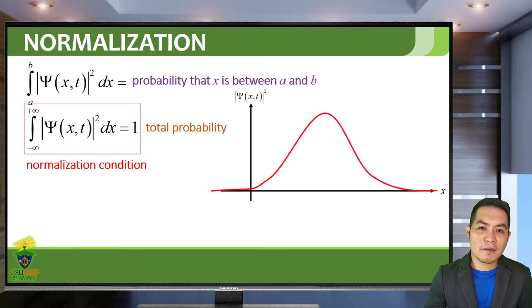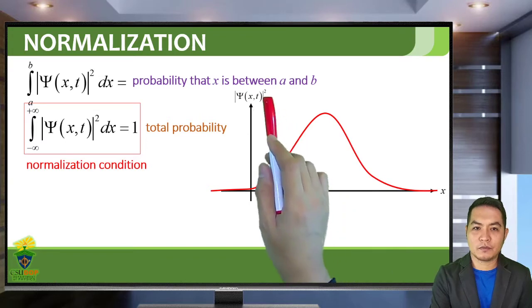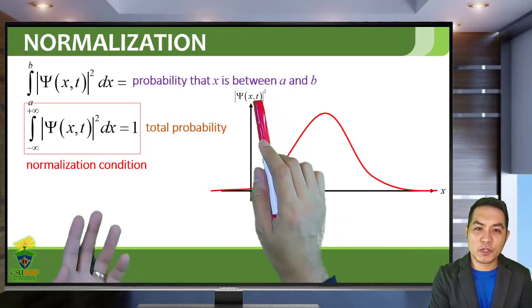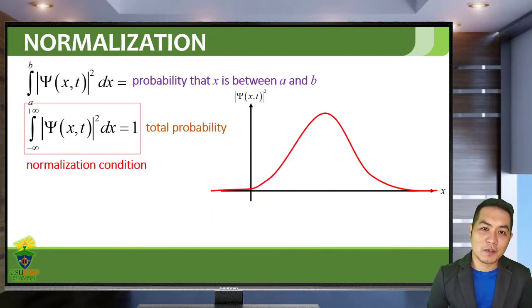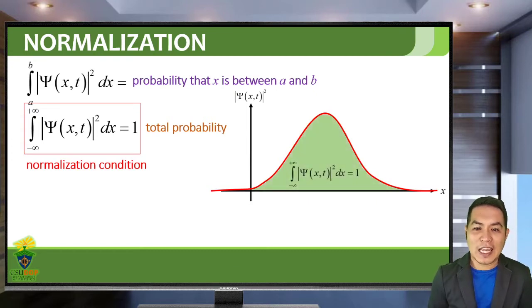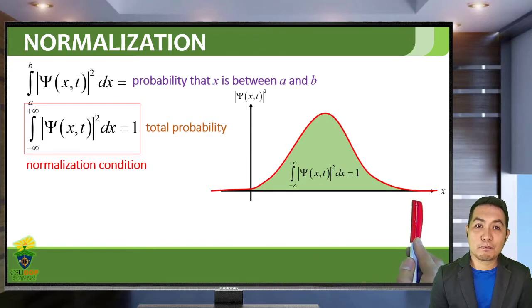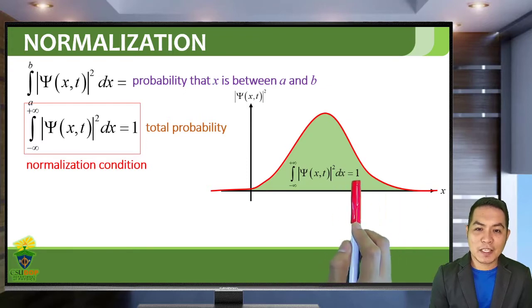If you have this type of probability density distribution, when I say probability density distribution, it's the plot of absolute value of psi squared, which is just equal to rho, our probability density, then this means that the total area under the curve of your probability density function must be equal to 1.